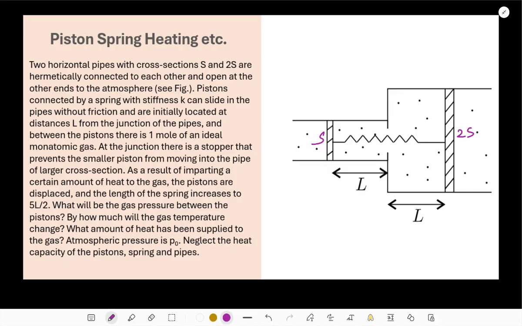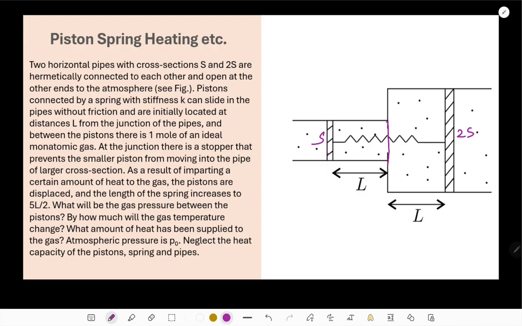And after heating, the gas pressure increases, of course, the spring stretches, and the pistons shift. And what will be the next equilibrium condition? I guess the pistons shift so that the smaller one rests against the stopper. The stopper one comes here.